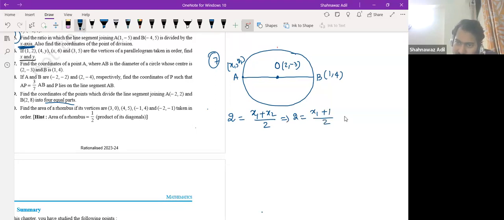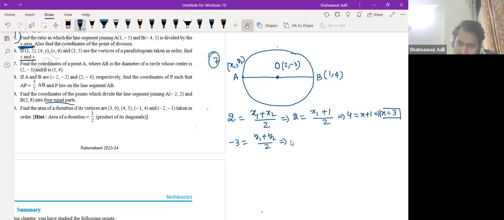So 4 is x plus 1. So x is 3. Similarly, you are given the y coordinate. This is y1 plus y2 by 2.